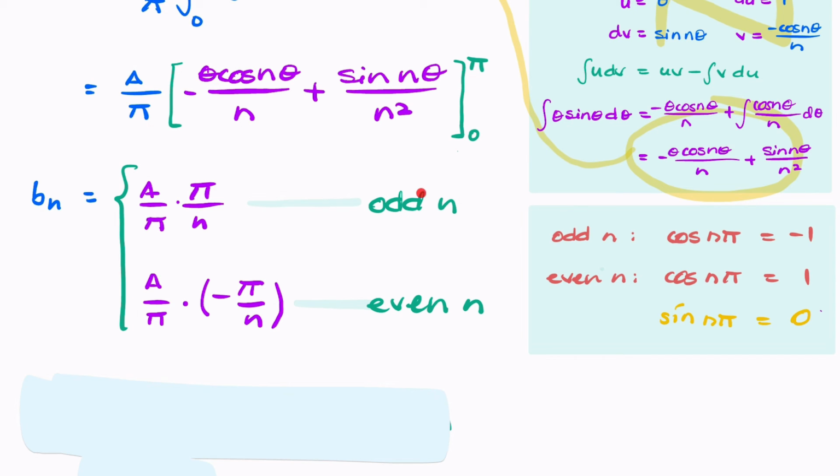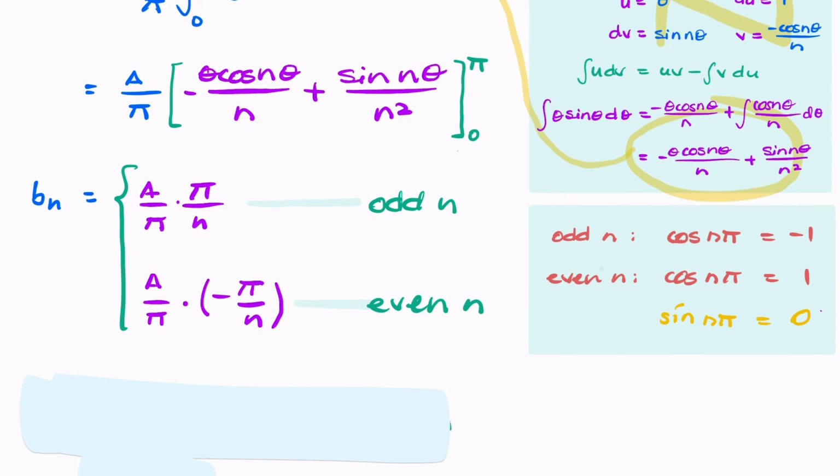So that's for odd values of n. For even values of n, cosine n pi is 1, so that will be equal to 1. So we'll simply have a negative, and that theta will be pi, so negative pi over n multiplied by a over pi.